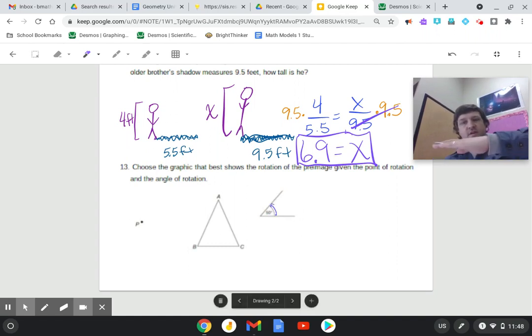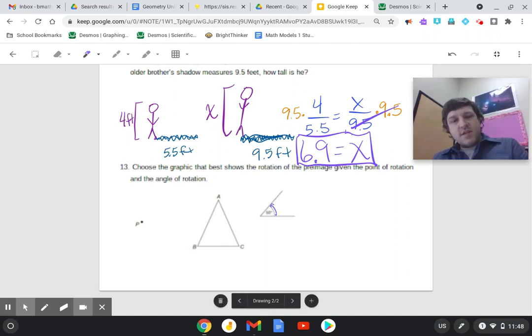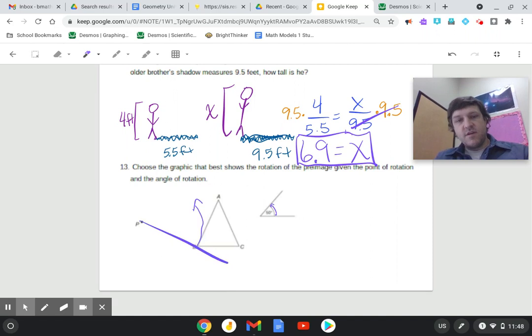The horizontal part is the beginning, and it goes up. So in other words, the rotation is going to be counterclockwise. If I was going to move point B, I would move it 50 degrees in that direction, and it might end up somewhere around there.